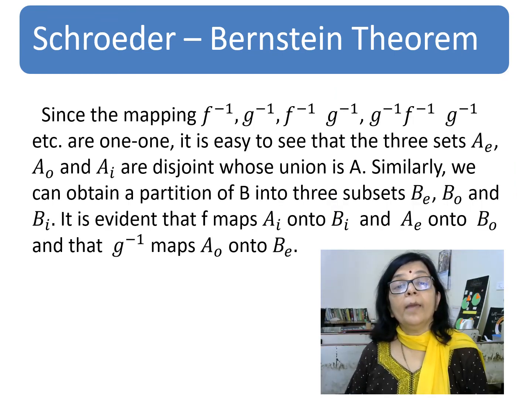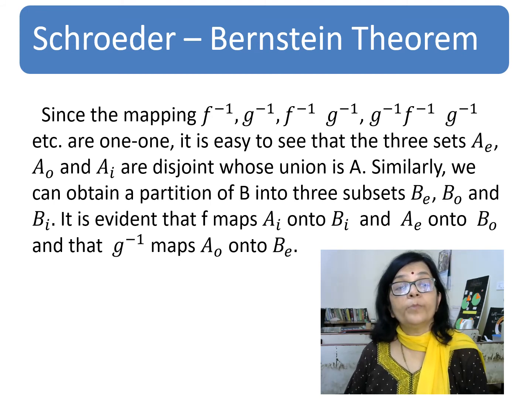Since the mappings f inverse and g inverse are 1-1, it is easy to see that the three sets A_E, A_O and A_I are disjoint, whose union is A.